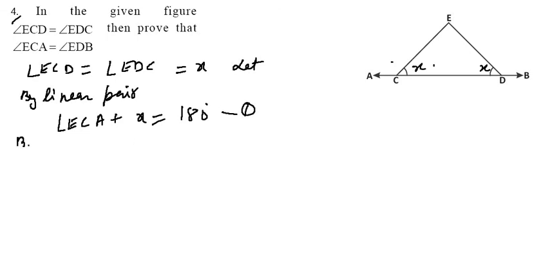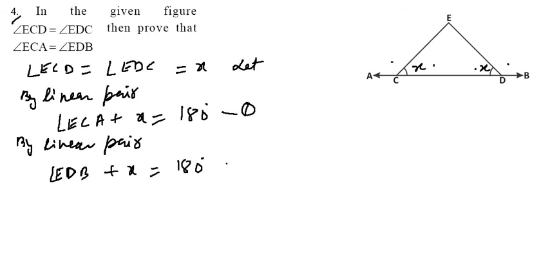And once again by linear pair, the angle sum of these angles is 180 degrees also. So we can write here angle EDB plus angle x is equal to 180 degrees. So that will be the second equation.